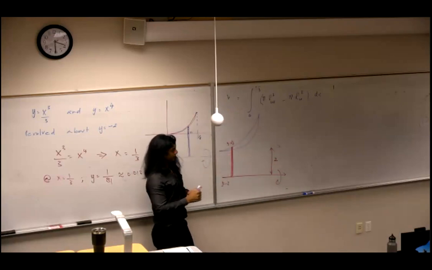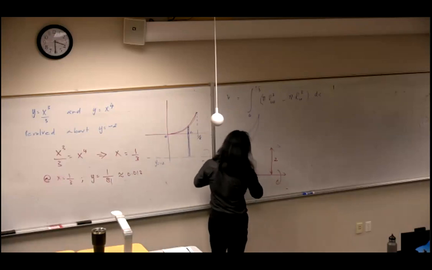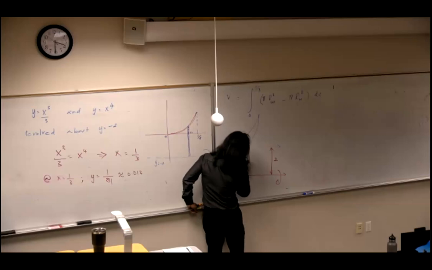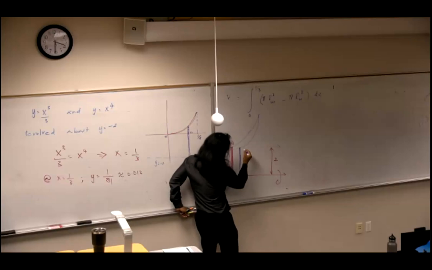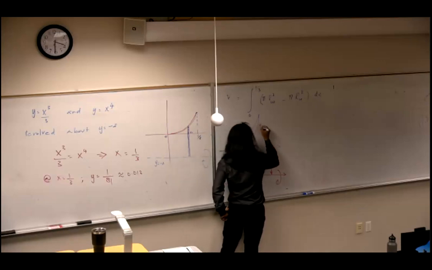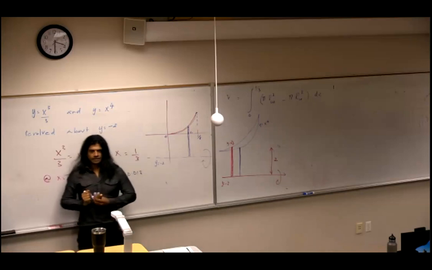Agreed? Same logic. The second curve, the inner curve, is 2 plus a tiny bit. The tiny bit is defined by the curve y equals 4. Good.